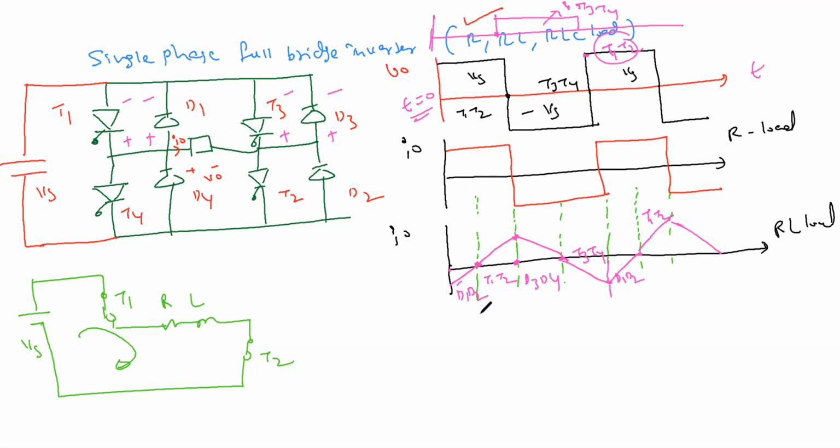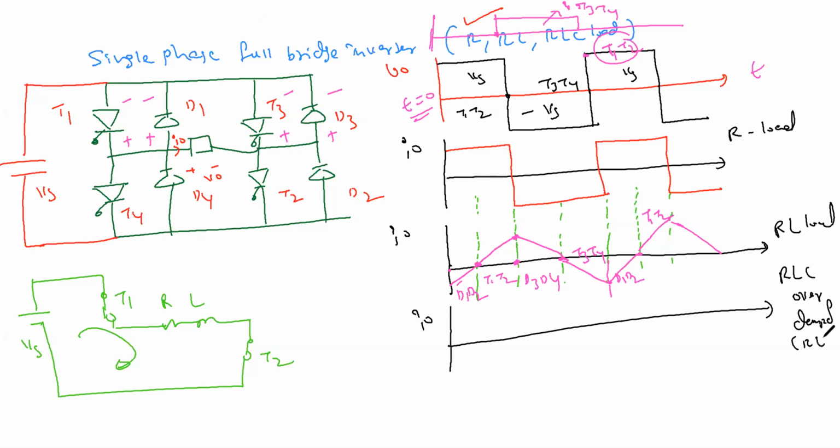Similarly, if it is RLC, overdamped or underdamped. If it is RLC overdamped, it is equivalent to RL load, same thing. I'm just trying to draw here now. I0, this is for RLC overdamped. We'll see in the networks case, RLC overdamped means equivalent to almost RL load only. So the scenario will be the same as what we have seen.